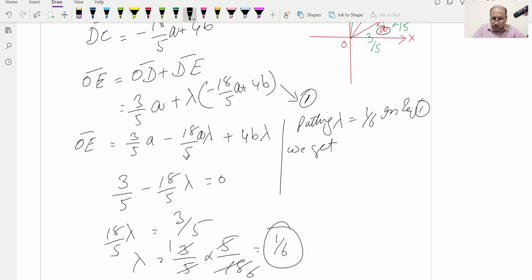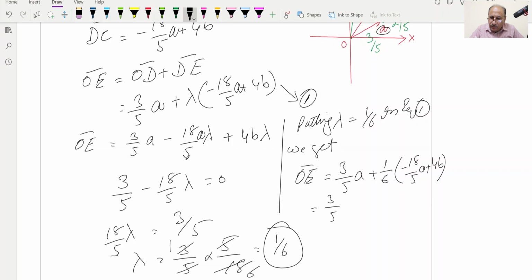We get OE vector is equal to 3 over 5a plus 1 by 6 of minus 18 by 5a plus 4b, and we can open this.